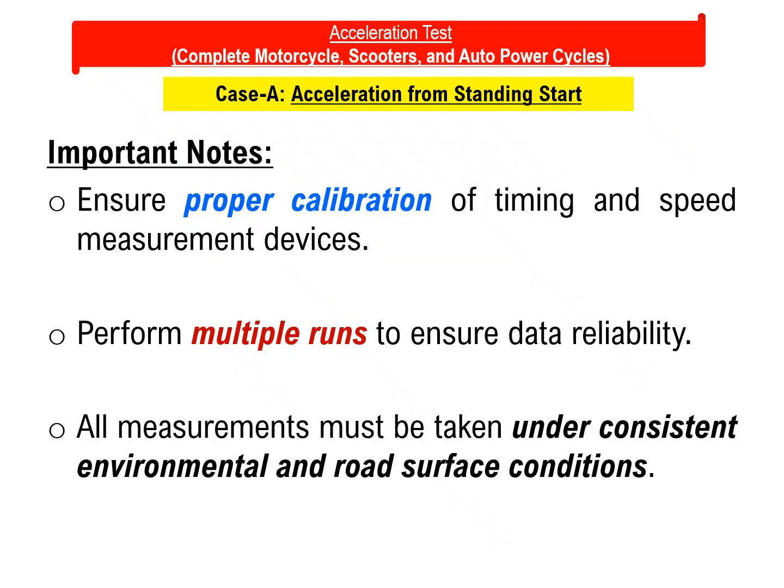Important notes regarding this test are: number one, ensure proper calibration of timing and speed measurement devices. Number two, perform multiple runs to ensure data reliability. Number three, all measurements must be taken under consistent environmental and road surface conditions.